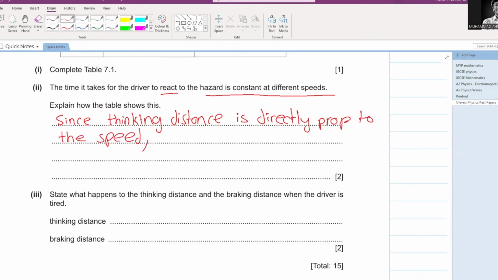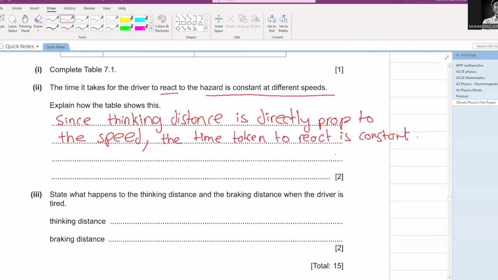Since thinking distance is directly proportional to the speed, what will happen? Reaction time is constant. The time taken to react is constant.